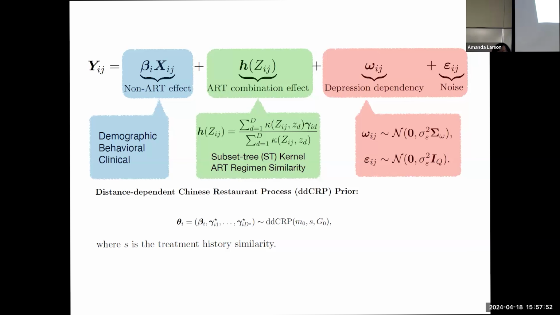I tried to avoid making the model too complex for the presentation, so I ignored that part. But we do include the interaction effect of X and the treatment. So I would say this is a simplified version of our final model, but all the main ideas are here.